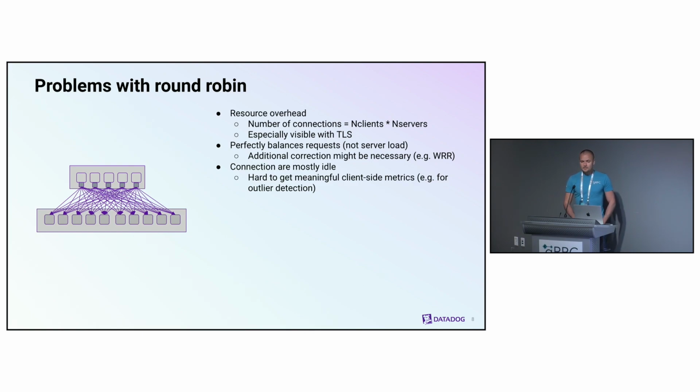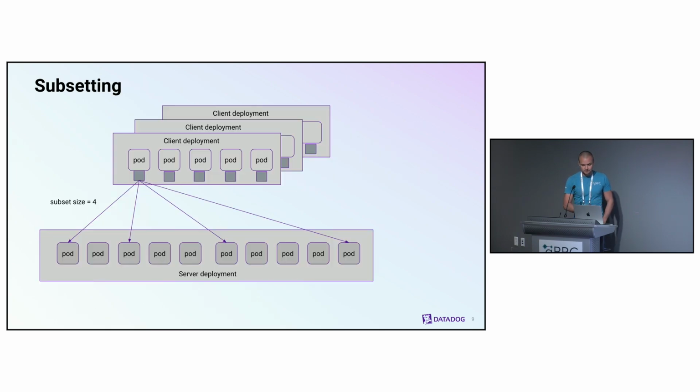And the last problem is that just because of how many connections it manages, it makes every connection very poorly utilized, which makes it very hard to get meaningful client-side statistics per connection. I'll talk about why this is a problem later in my presentation.